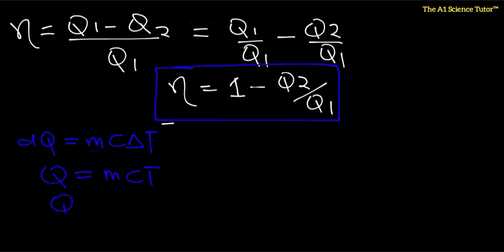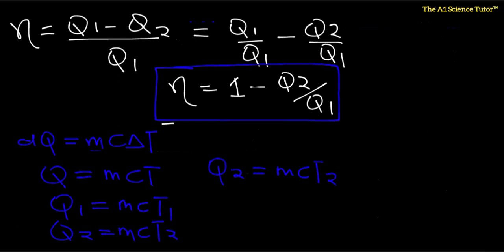So if I said Q1, this is going to be mcT1. If I talked about Q2, that is going to be mcT2, right? So let us work with that. I'm going to write Q2 here. This is equal to mcT2.